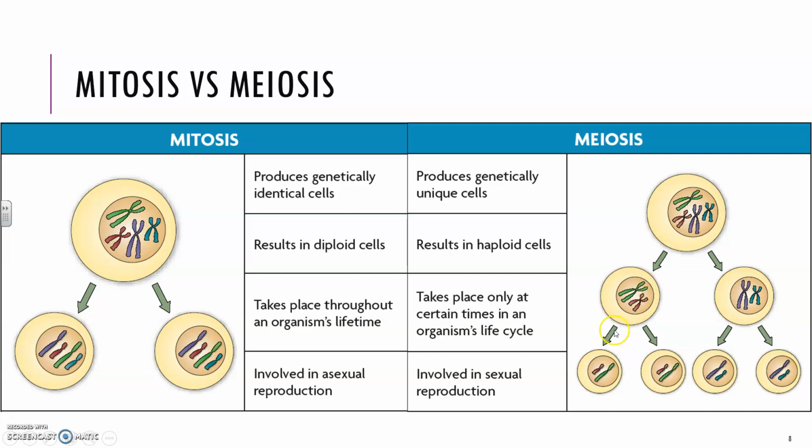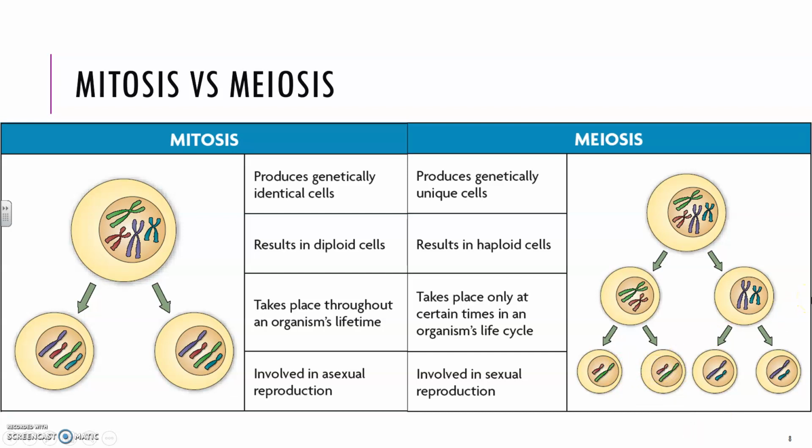And then in the second round of division, you're going to separate the sister chromatids. You'll notice that these cells are genetically different from each other. You've got the green and the red here, and then the purple and the blue here. So meiosis produces genetically unique cells, and we'll see why later even these 2 cells are not genetically identical.